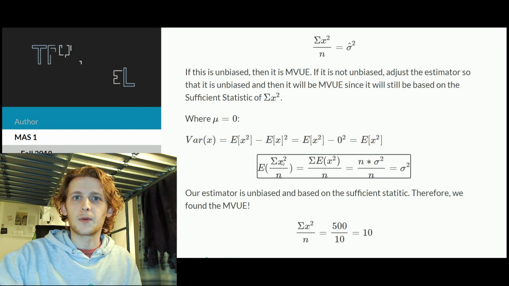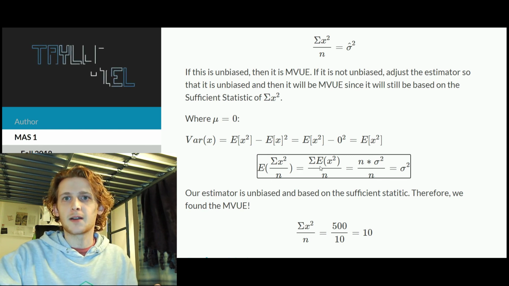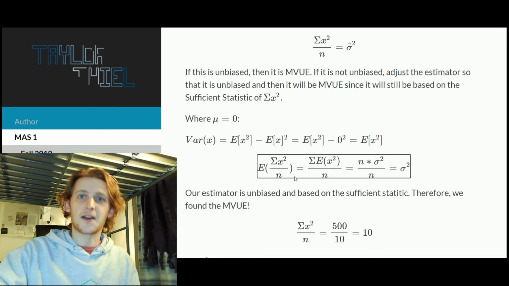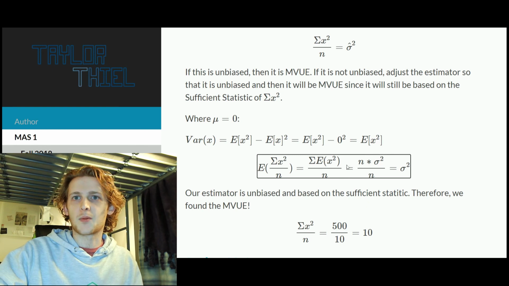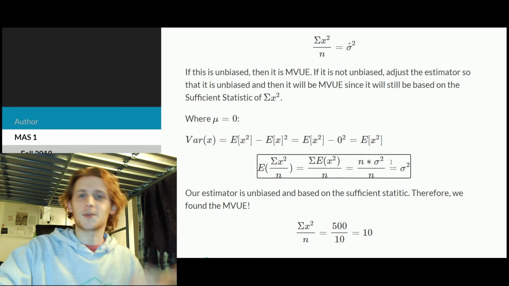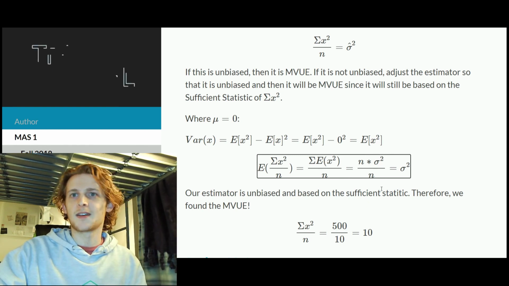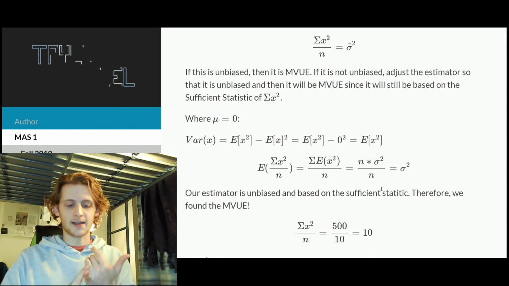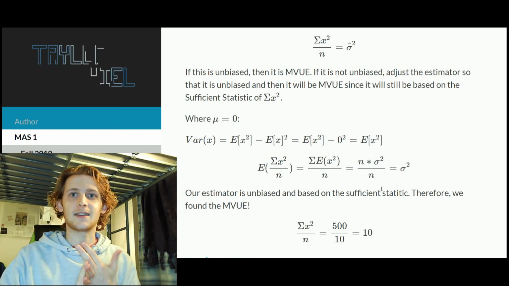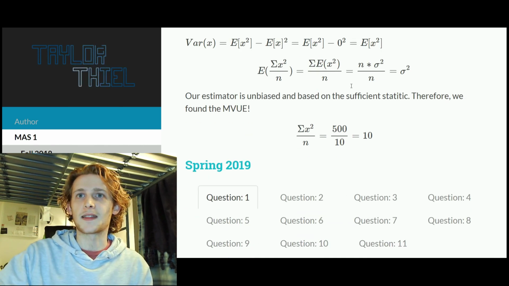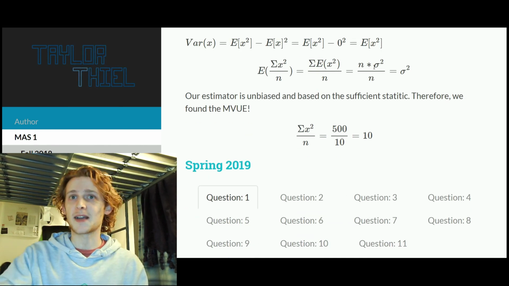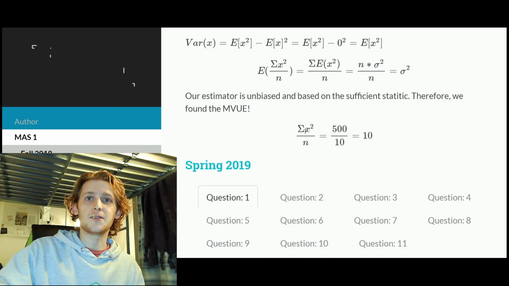So now we look at the expected value of our estimator. That's just equal to the summation of the expected value of x squareds. And so we end up with n over n times sigma squared, which is just sigma squared. So we have shown that it is unbiased and that we can calculate it using the sufficient statistic. So at that point we know we found the minimum variance unbiased estimator, and all we need to do is then plug and chug.